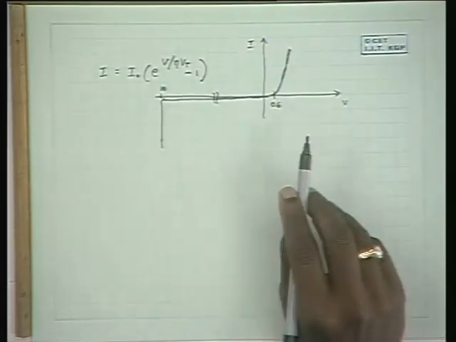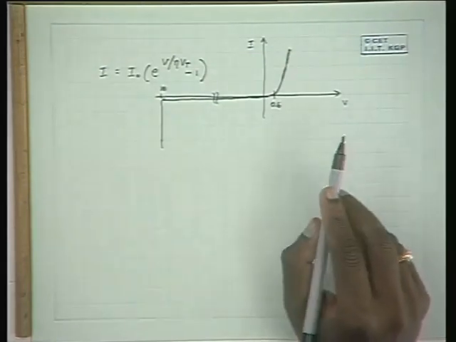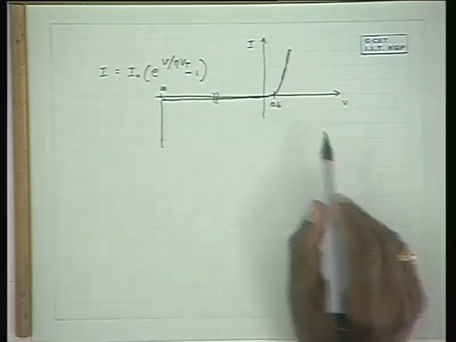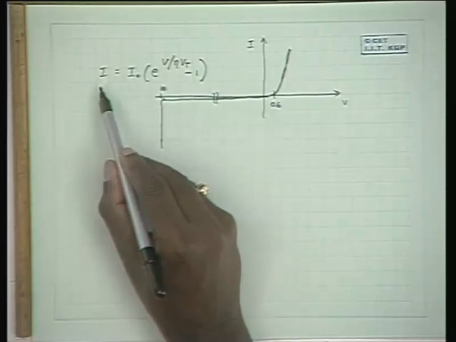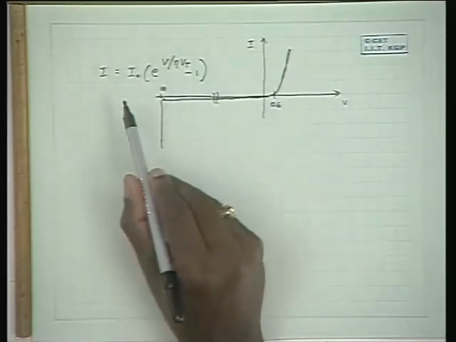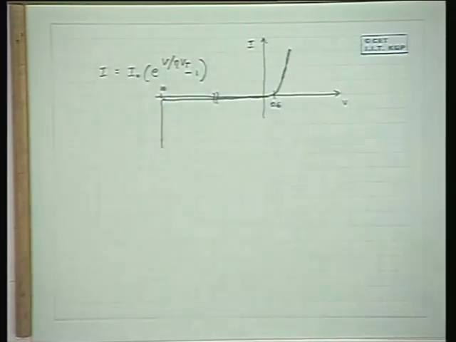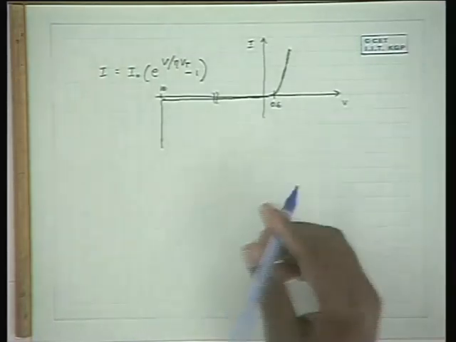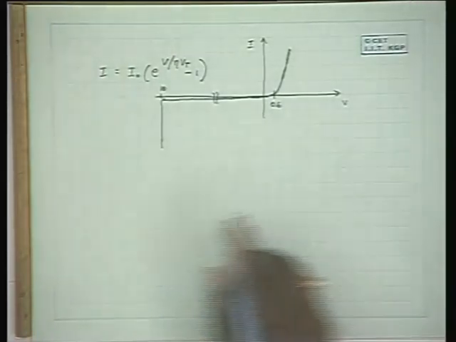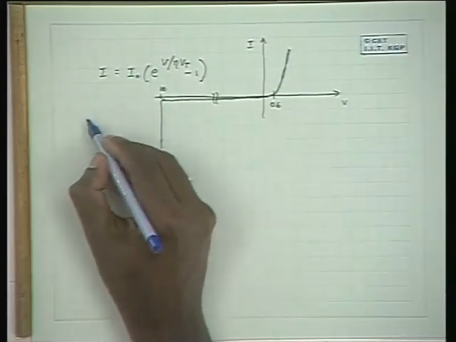So this is the characteristics of a typical diode, with the volt ampere relationship given in this fashion.